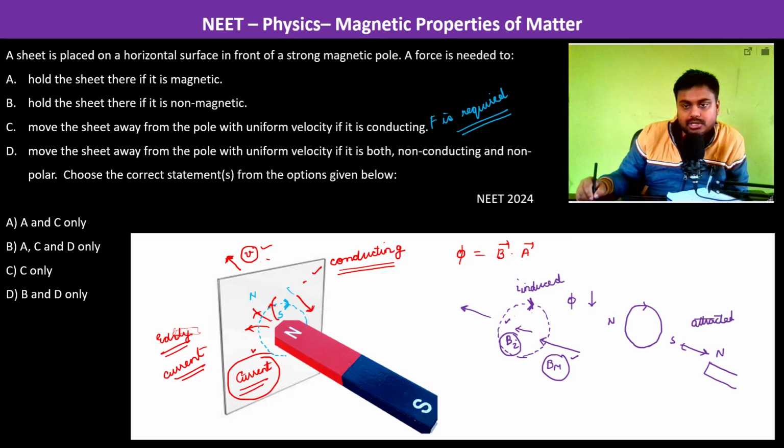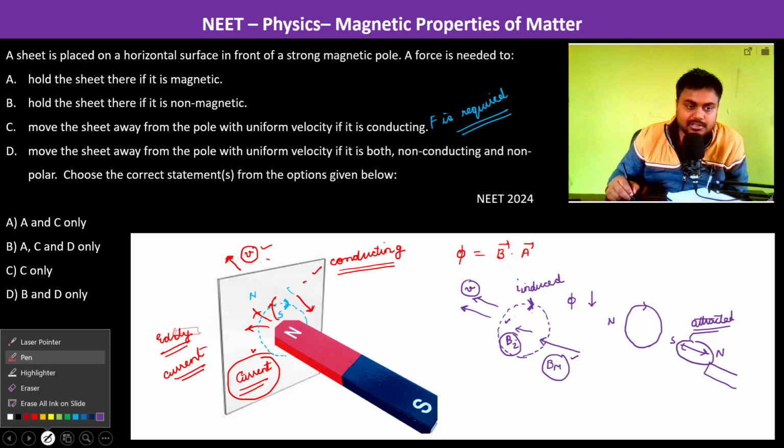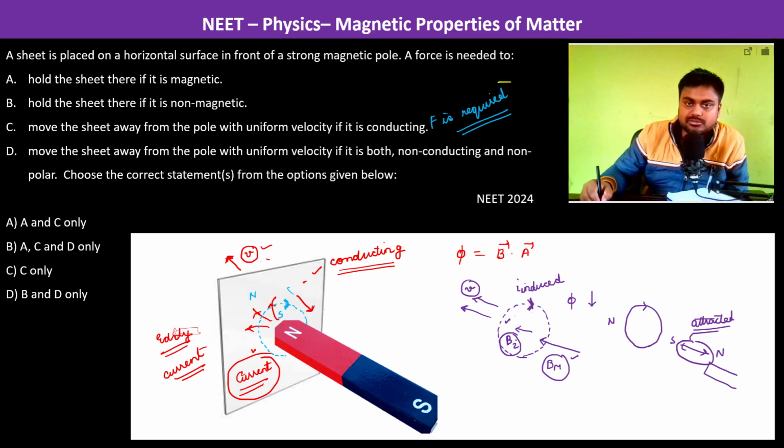Okay, so now in order to keep it moving with velocity v, we require to oppose this force. This force has to be opposed, and thus we require a force to move it away.